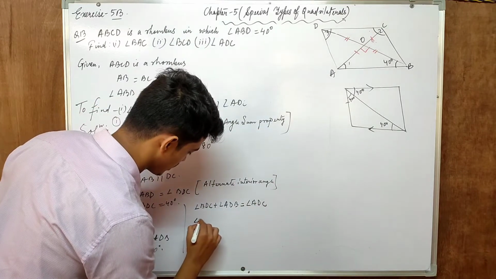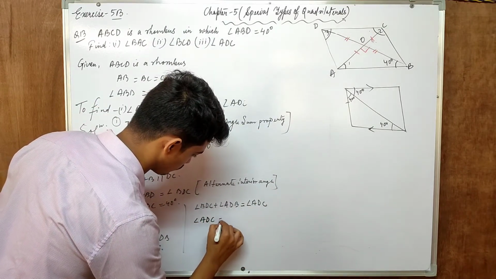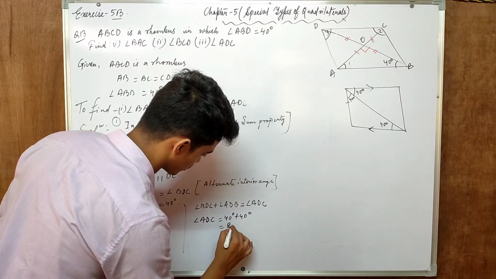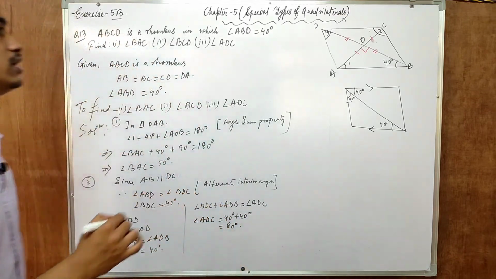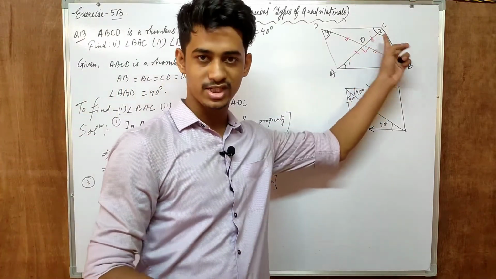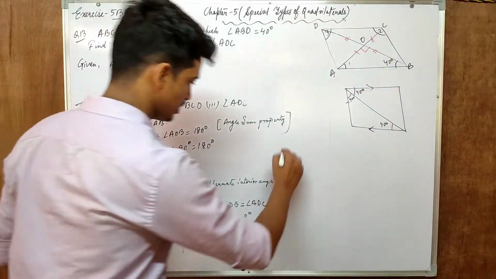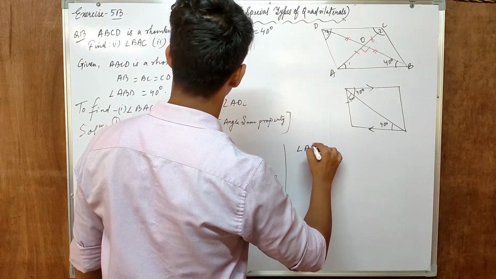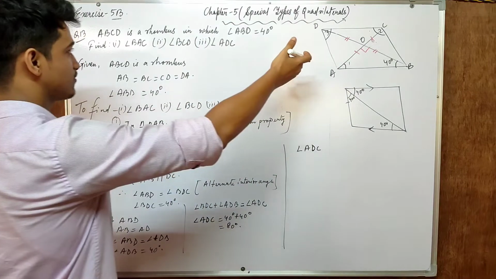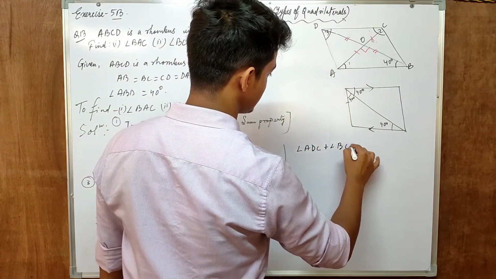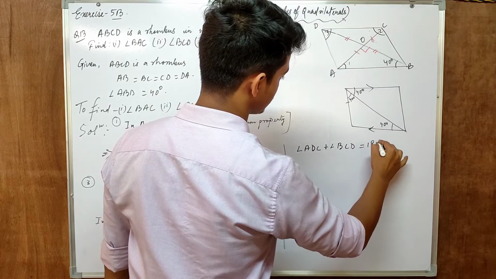So finally we can write ADC equal to 40 degree plus 40 degree, that becomes 80 degree. So that much we know. Now last but not the least, how will you do this portion? For that, we need angle ADC, which we just found, plus angle BCD, it is 180 degree.